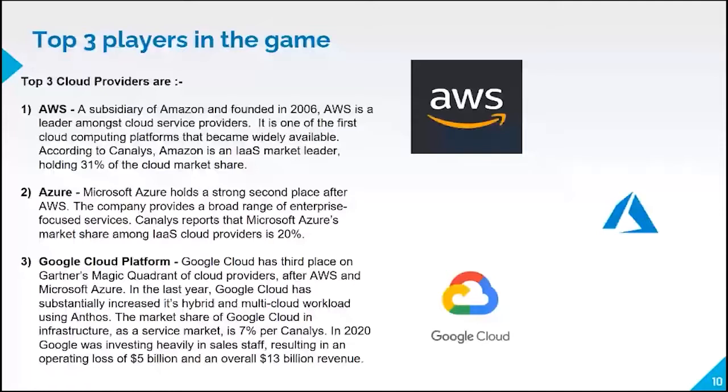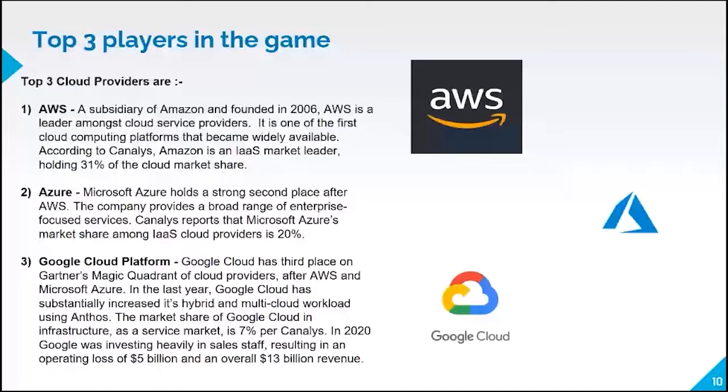It has 7% market capture. In addition to that, they have many big partners with them, like Spotify and Airbnb. You have heard of Airbnb. Many defense companies are on it.